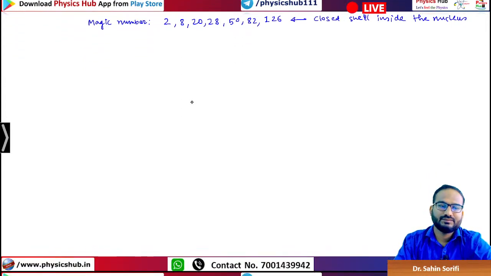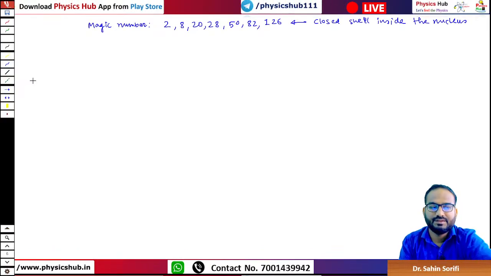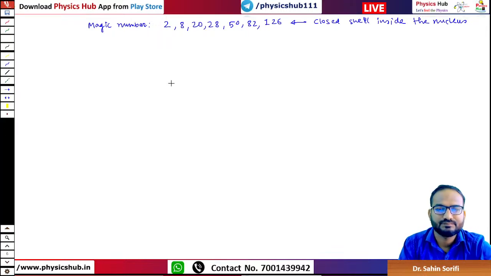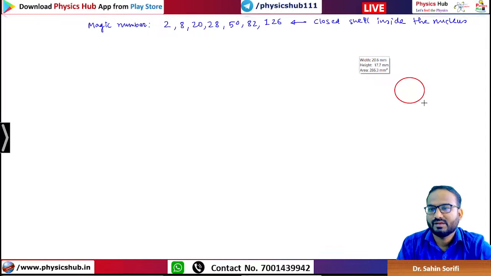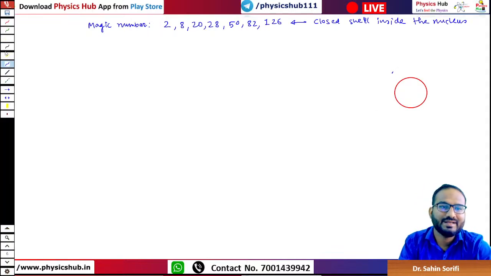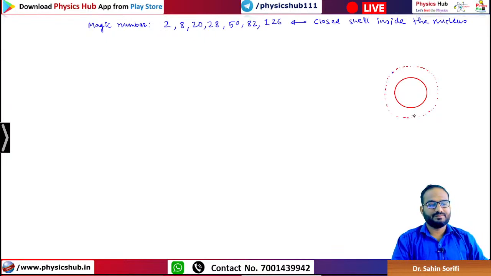The idea of the collective model is that, let's say in a particular nucleus we have a core which consists of a magic number of nucleons, and the remaining or extra nucleons are moving outside of it in this way.